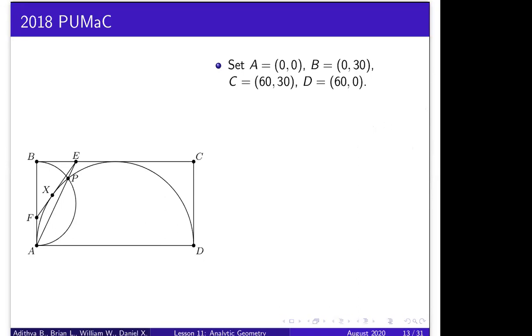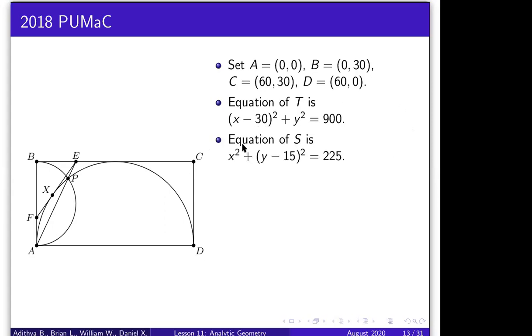Yeah, so P is on both of these circles, so we can just write both their equations. So the equation of T, the circle with diameter AD, is (x minus 30) squared plus y squared equals 900. And the equation of S is x squared plus (y minus 15) squared equals 225.